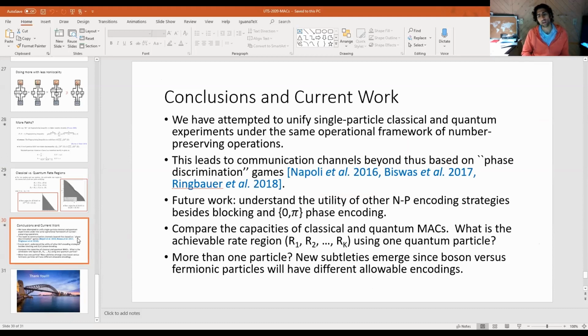But the tricky thing is that our motivation was to differentiate the classical and the quantum scenarios. So I would want to first ask, if we're going to introduce more particles, what are the classical bounds in this case? Now the classical strategy is not as simple as just blocking or not blocking.